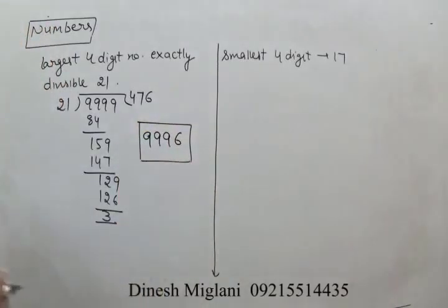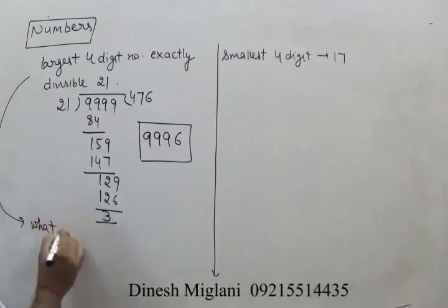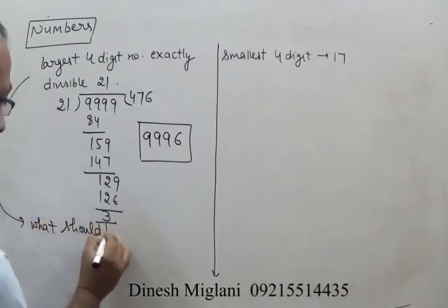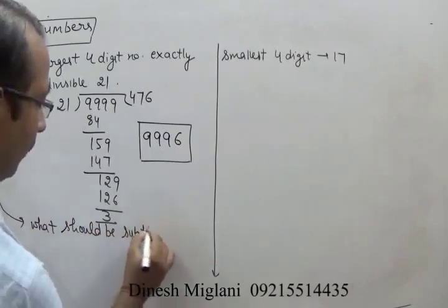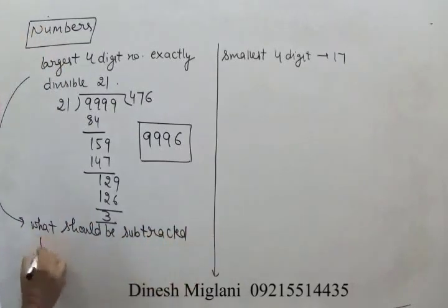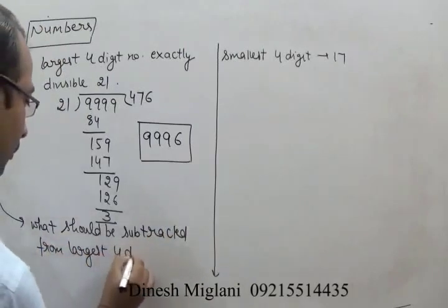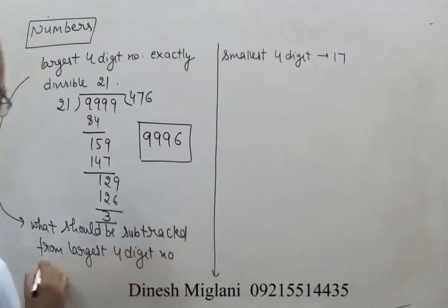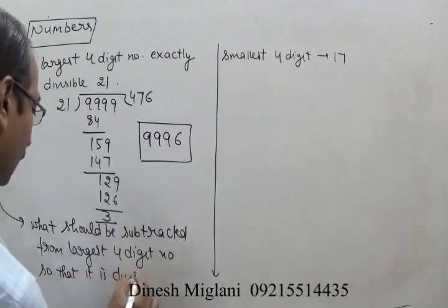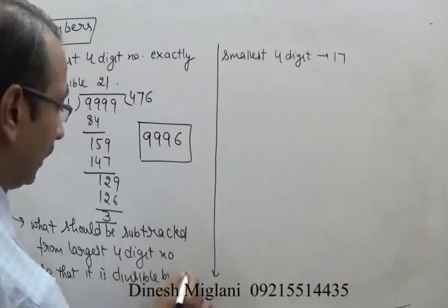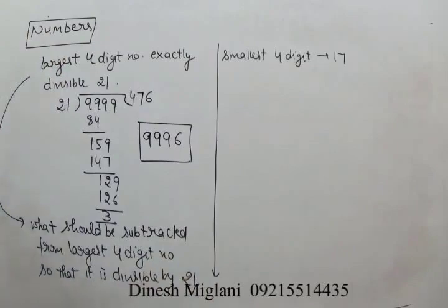Now I will look at this question by a different approach. This question may be asked in such a way: what should be subtracted from the largest 4-digit number so that it is divisible by 21?